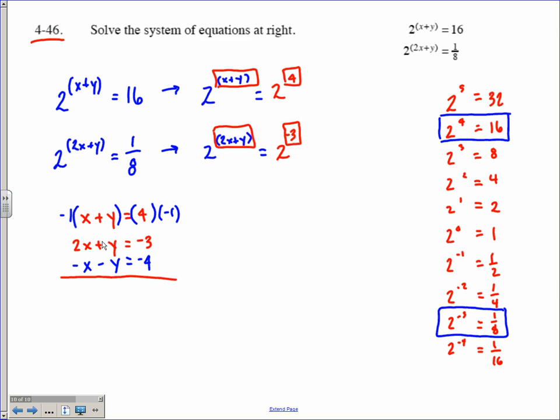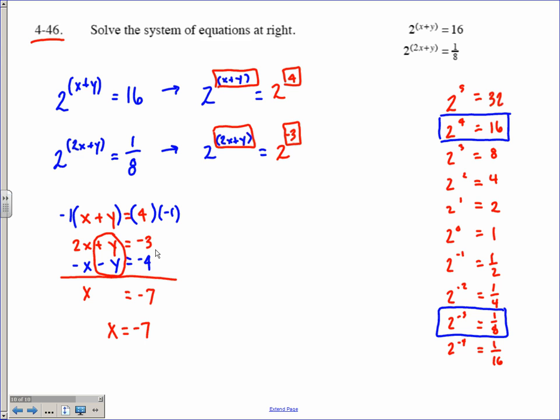Looking at this system, remember, I'm adding these together. 2x plus -x gives me x. Positive y plus negative y eliminates. And -3 plus -4 is -7. So x equals -7.